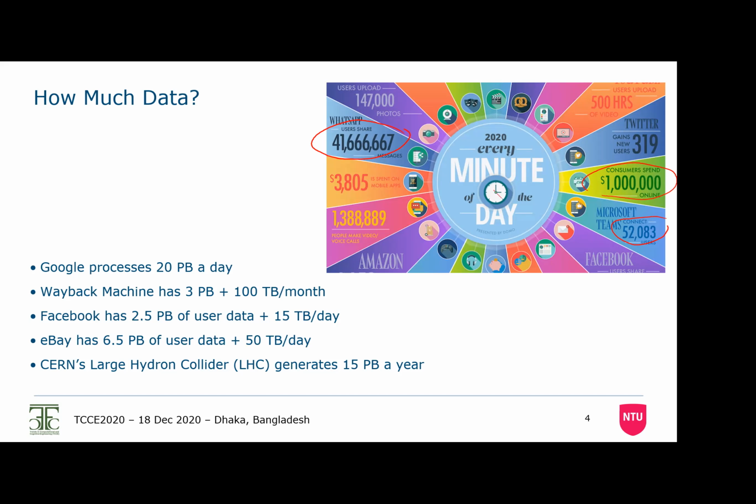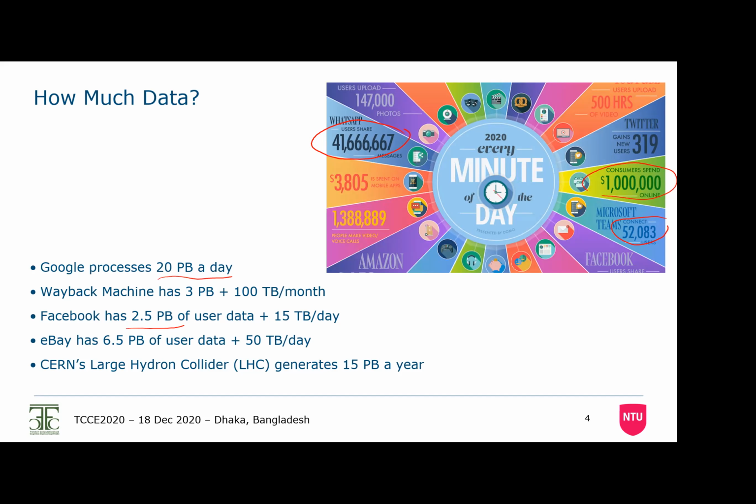Now putting them into numbers, these numbers are never accurate, but roughly Google processes 20 petabytes of data a day. Facebook used to process 2.5 petabytes of user data, however this is changing very rapidly.